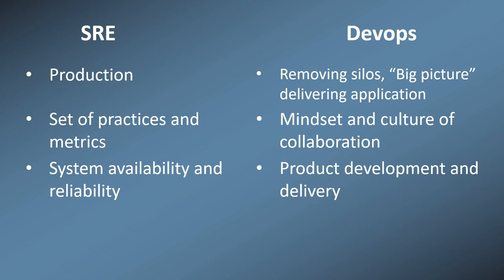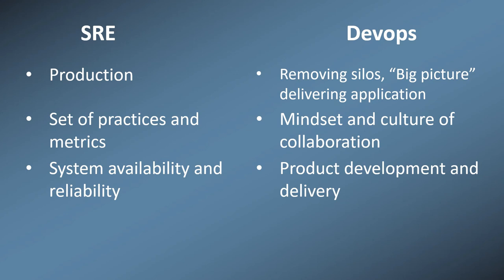Now, SREs can and often do get involved with products, those that are usually characterized through DevOps, but that is more about making sure that the product that other teams are working on, when it reaches production, will not mess up the whole system, that it will work nicely and be part of a highly available system as a whole.